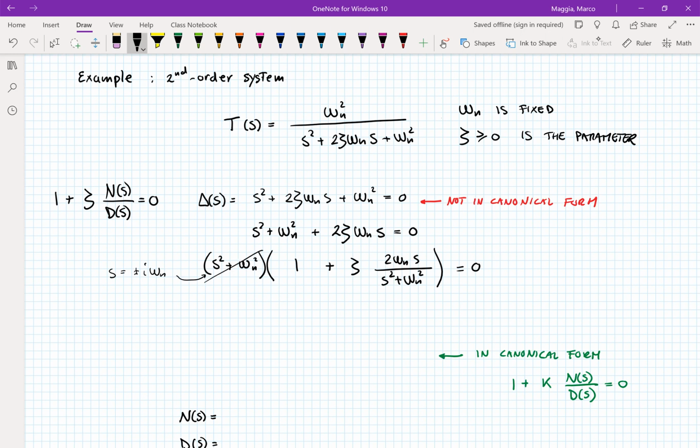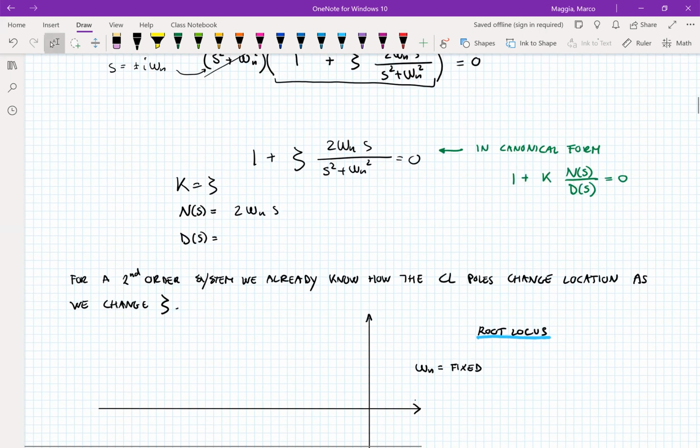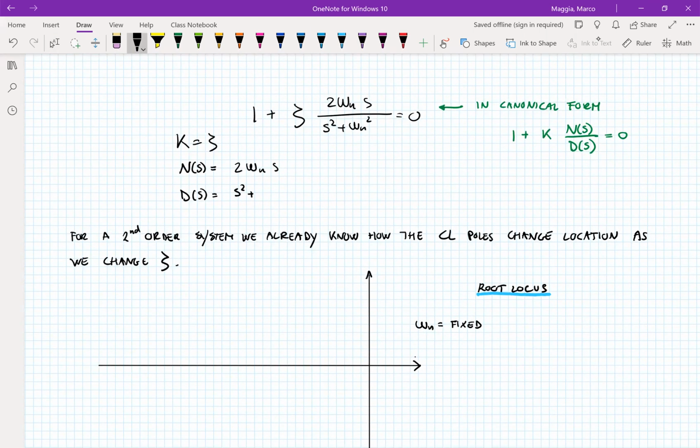And we're going to just take the second factor, which is indeed in the canonical form. So we have 1 plus zeta times 2 omega n s over s squared plus omega n squared, equals 0. In this case, k is zeta, n of s is 2 omega n times s, and d of s is s squared plus omega n squared.